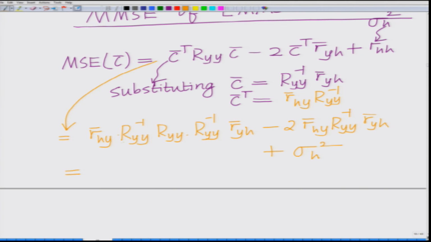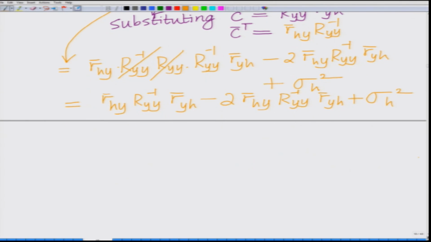Now you can see RYY inverse and RYY cancel. So we are left with R bar HY RYY inverse into R bar YH, minus twice again the same quantity, plus sigma h square.